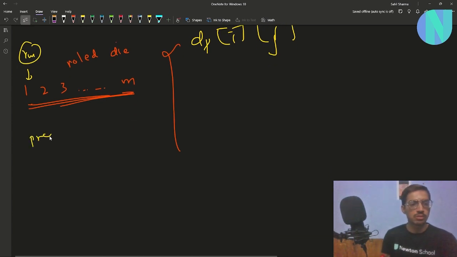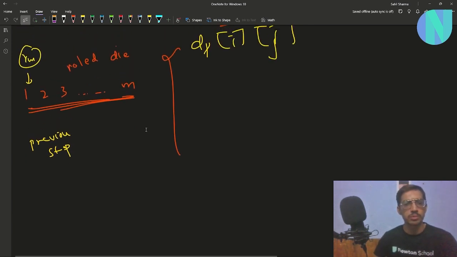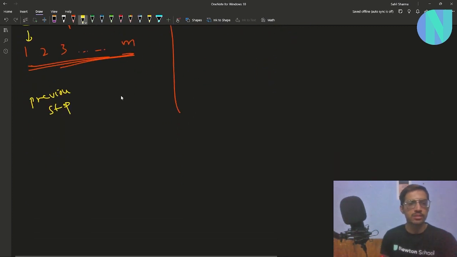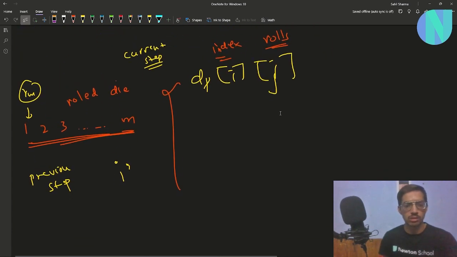So if this is my current step, in my previous step I must be at some index i dash, right? And the number of rolls will be j minus 1, because after applying just one roll, I am reaching number of rolls equal to j.